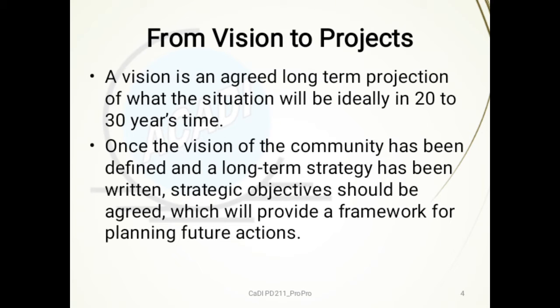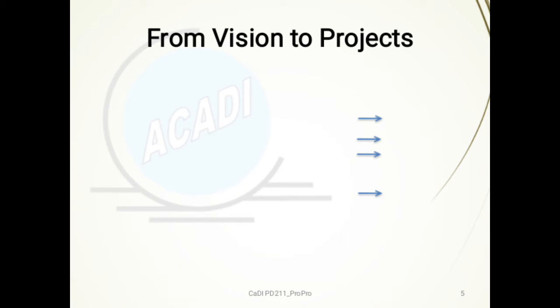From vision to project. A vision is an agreed long-term projection of what the situation will be ideally in 20 to 30 years' time. Once the vision of the community has been defined and long-term strategy has been written, strategic objectives should be agreed, which will provide a framework for planning future actions.